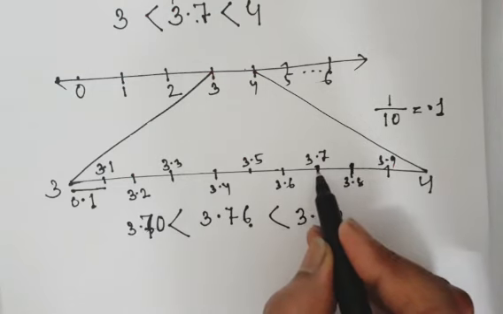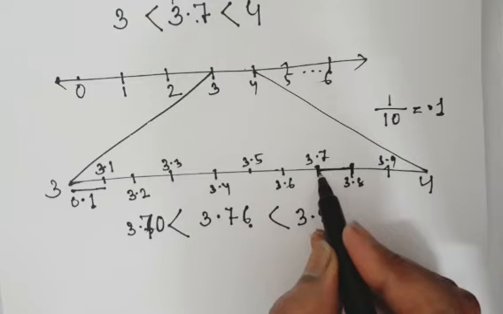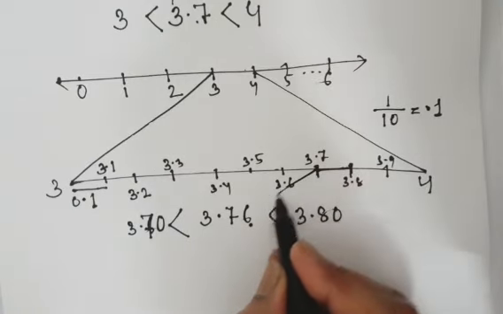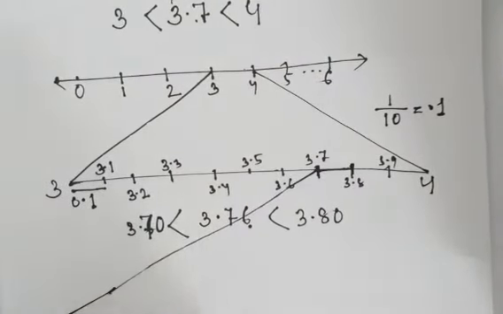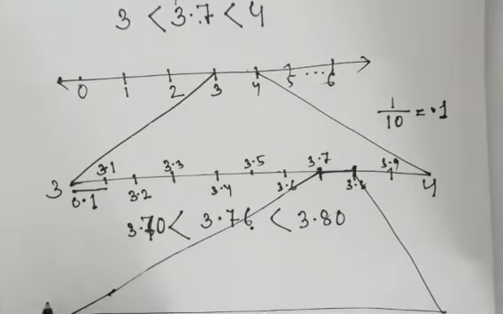So now let us take the magnified form of this 3.7 to 3.8. This is 3.7 and this is 3.8. Again, what is the length of this line segment?